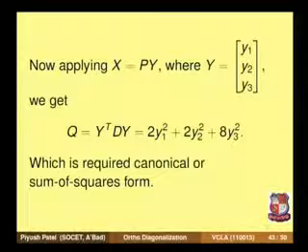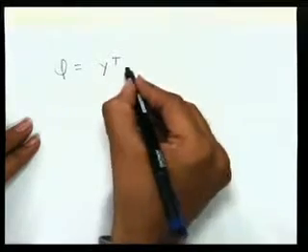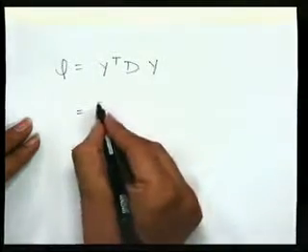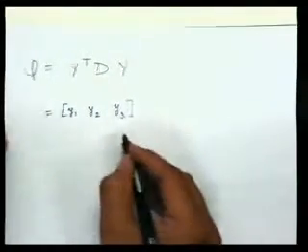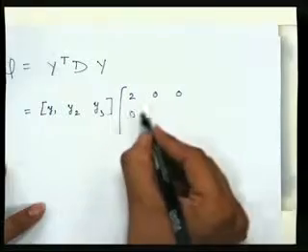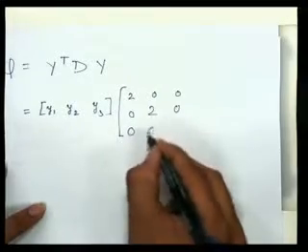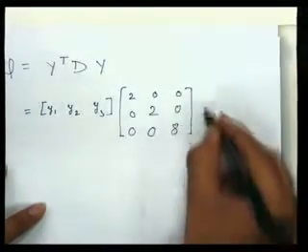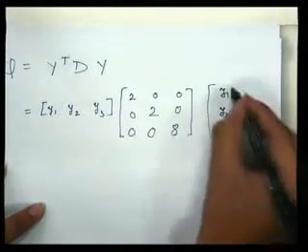When you transform your quadratic form, what is the situation here? Applying the transformation, we get Q = Y transpose D y. Y transpose is simply y1, y2, y3, and the matrix D is 2 0 0, 0 2 0, and the third row is 0 0 8, times the column y1, y2, y3.